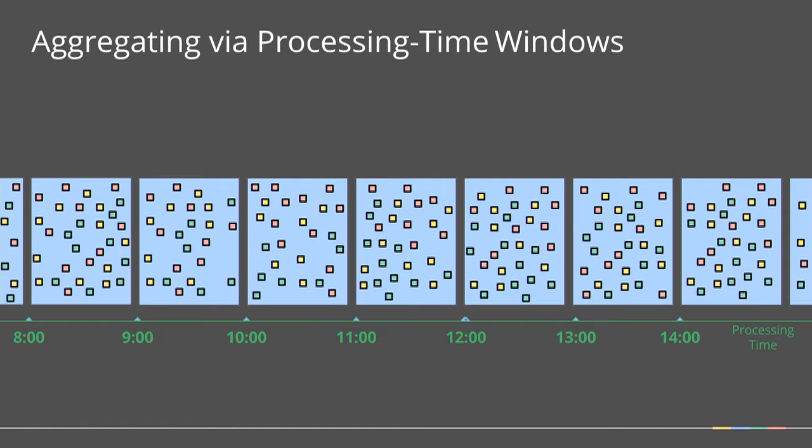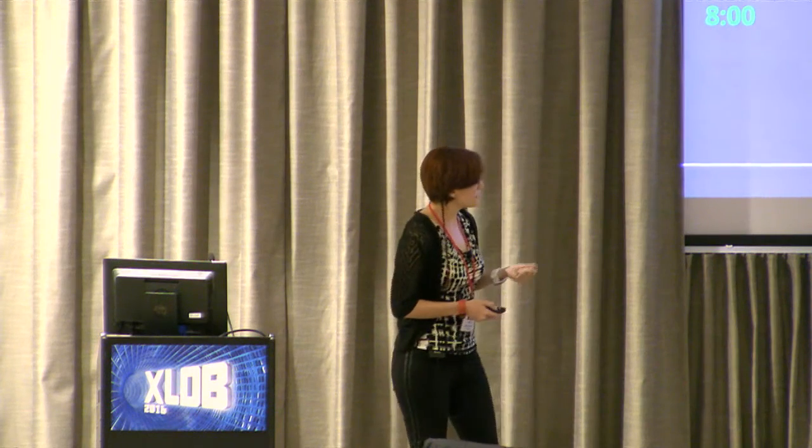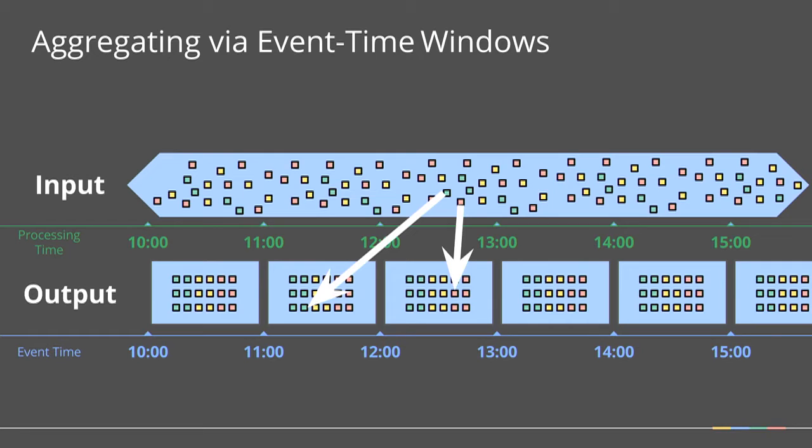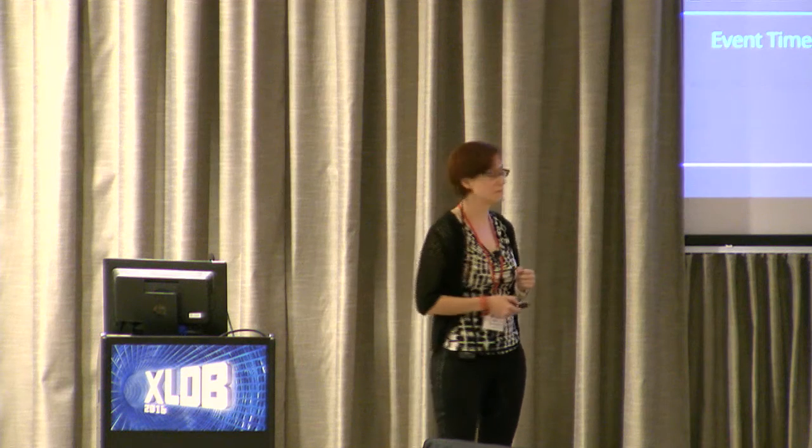So we can look at all the data that arrived between 11 and 12 and compute some aggregate information from there. But as I mentioned and implied before, what we would really usually like to do is look at the data that happened between 11 and 12 and compute the aggregates on that data. Okay? So this is trickier than the original problem.